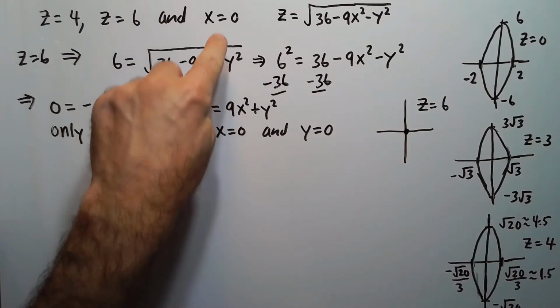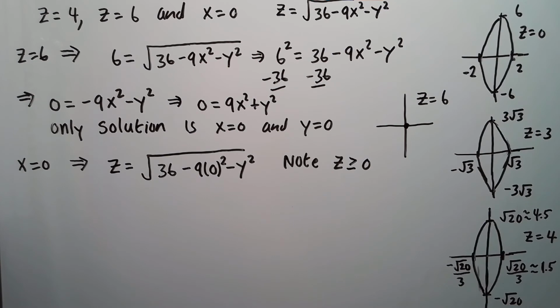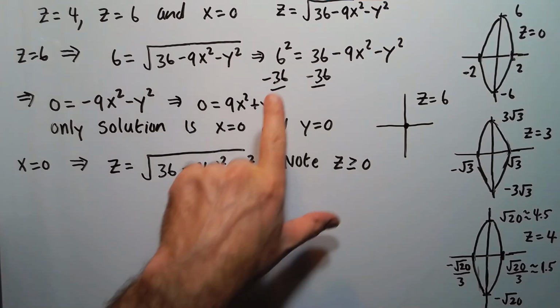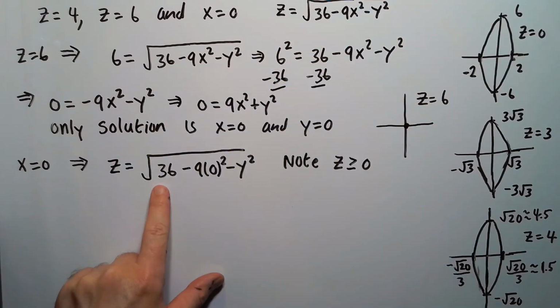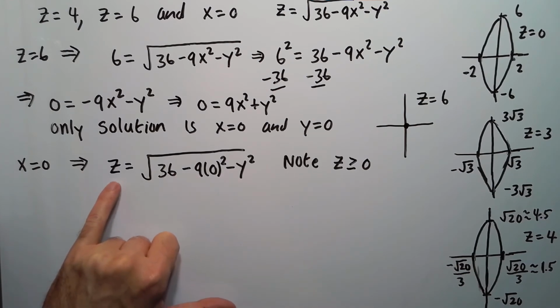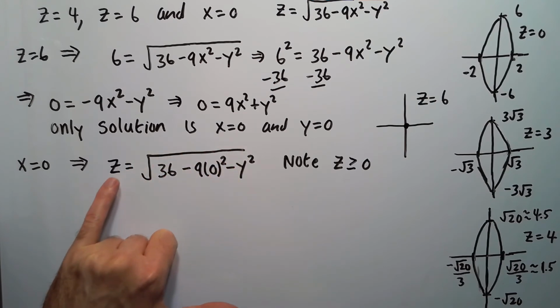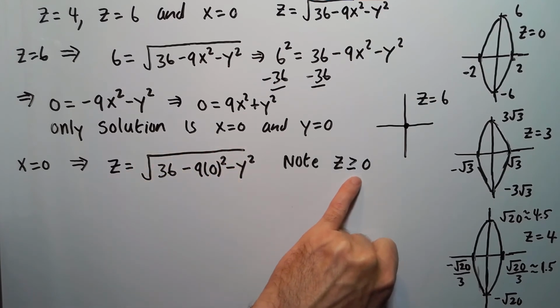Okay, now let's do x is 0. Okay, so when x is 0, you're going to put 0 in place of x up here. So it'll be square root of 36 minus 9, 0 squared minus y squared. And note, since this is actually called the principal square root, it's positive always. So therefore z is going to be bigger than or equal to 0.